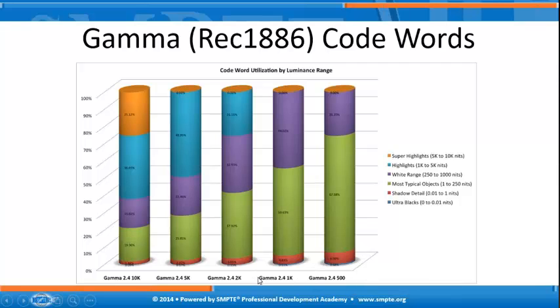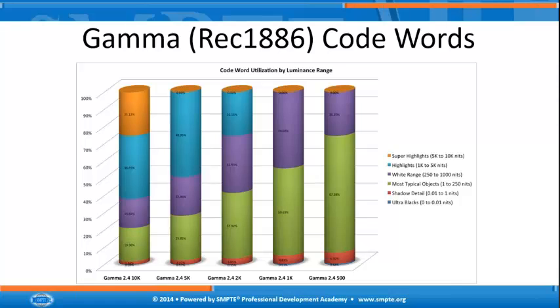As we increase the peaks to be able to get those highlights, you can see what happens in a gamma system. Again, gamma is kind of skewed towards the high end. It uses a lot of code words to encode the high-end luminance signals. What starts happening is we allow more and more room for the white range here at the expense of the typical object range and the shadow detail.